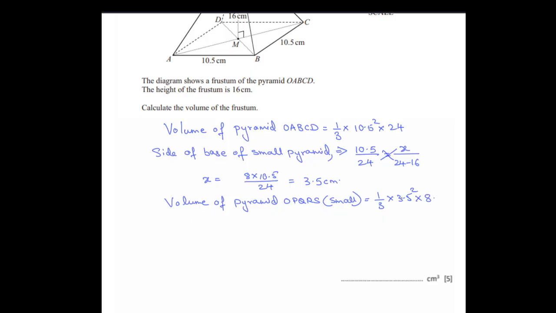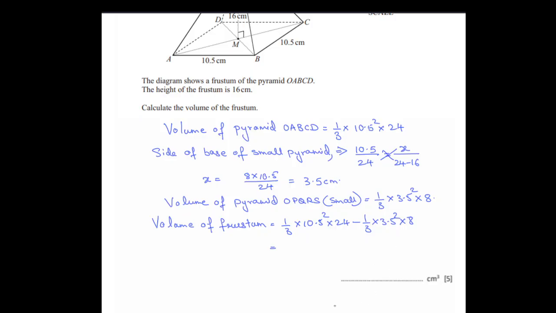Now subtract these two. Volume of frustum is equal to 1 by 3 into 10.5 square into 24 minus 1 by 3 into 3.5 square into 8. You can take 1 by 3 common and then do it, or whatever, it's your wish.